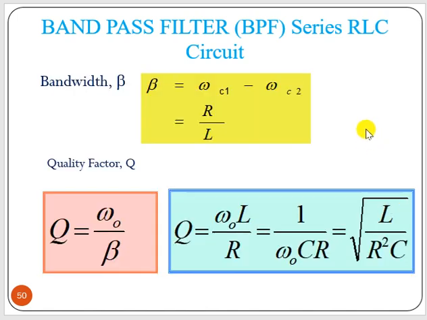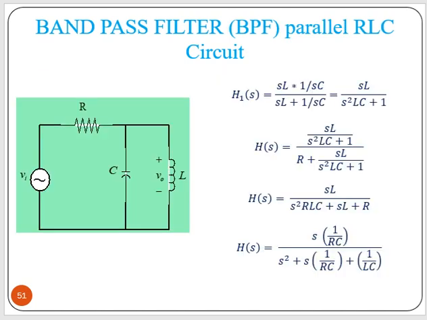Now the bandwidth is nothing but R by L, and Q is omega 0 divided by beta, where beta is the bandwidth, or Q equals omega 0 L divided by R. Those values you have already seen in the resonant circuit.